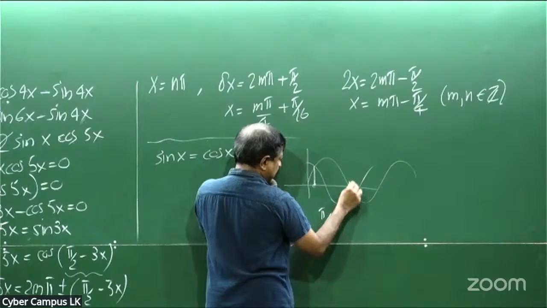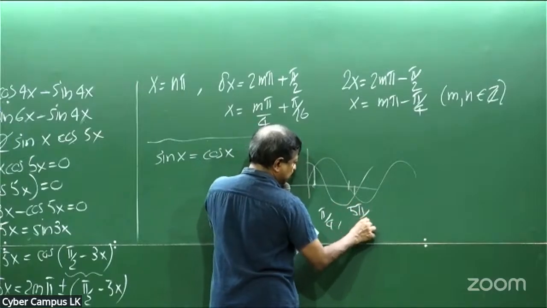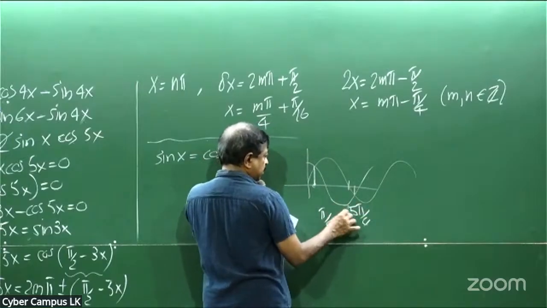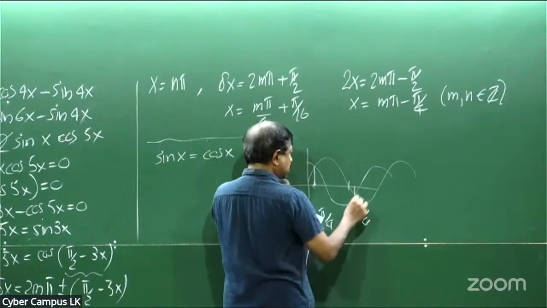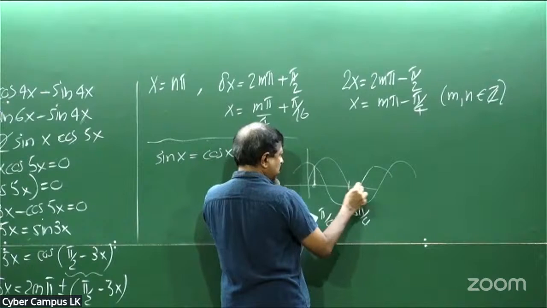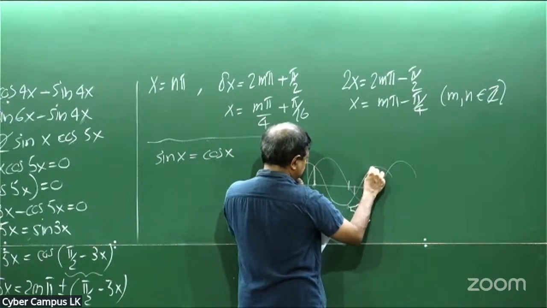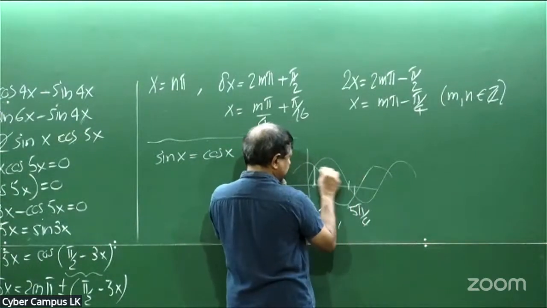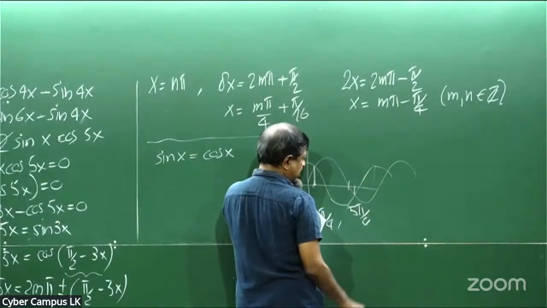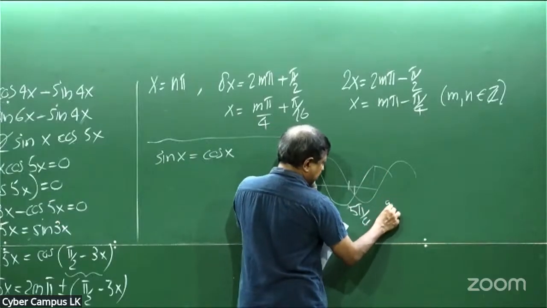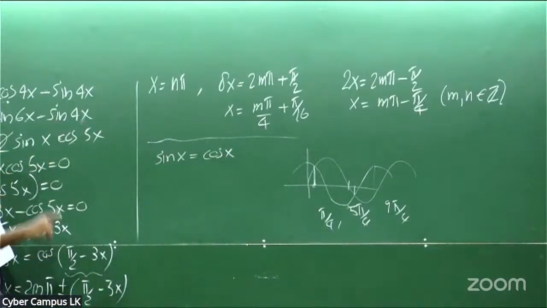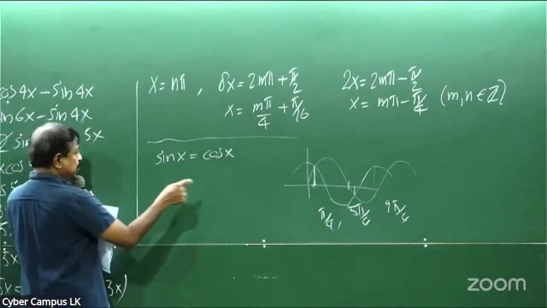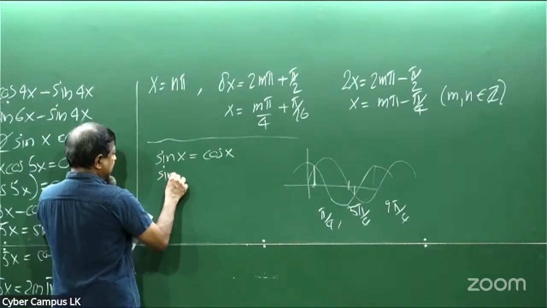This after pi, so you get 5 pi by 4. Hold on. Sine goes like this, right? This is 360. After that, 9 pi by 4. These are solutions. Now I'll do it in this way and show you how you get this.